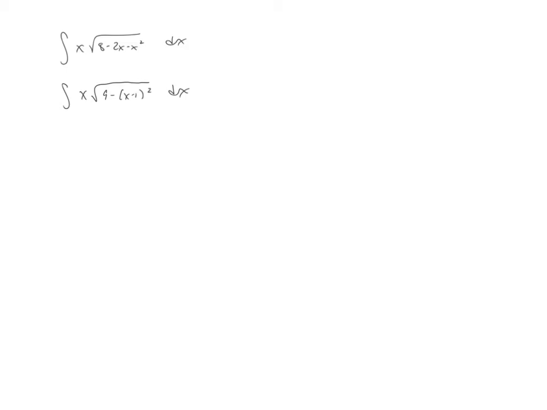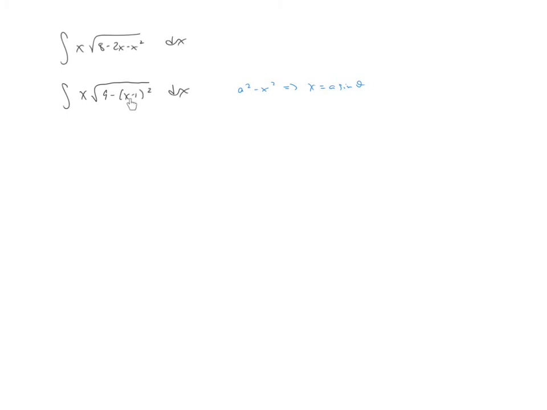Now it's a little more revealing in the sense that it's going to help with picking our trig sub. So in this particular case, we talked about how if we have an a squared minus x squared, that we would let x equal a sine theta. But once again, just like the last one, we have to be a little bit clever. We're going to need to take a little more than just the x.